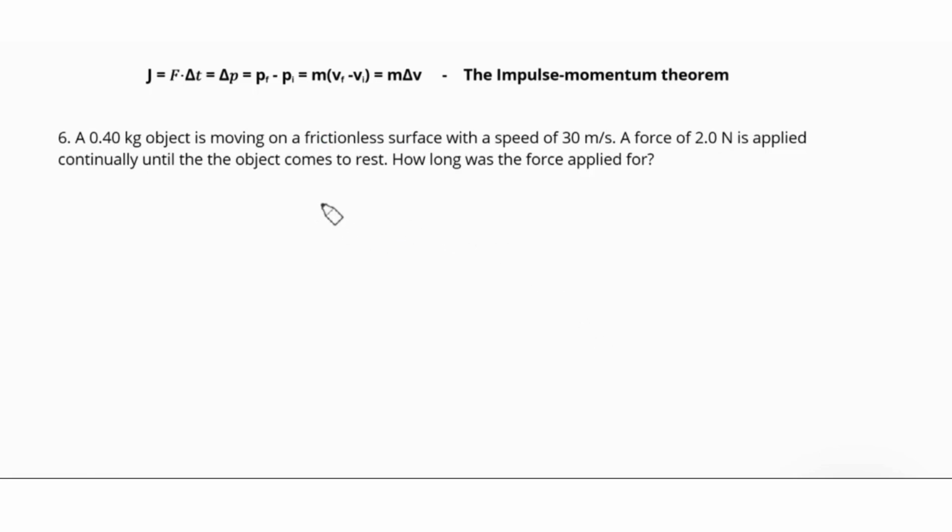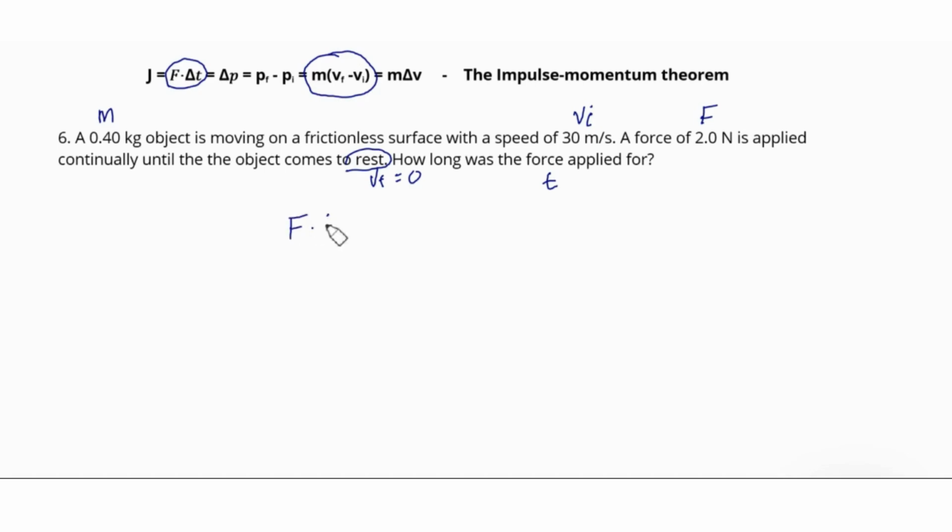Some more examples. A 0.4 kg object moving on a frictionless surface with a speed of 30 meters per second. A force of 2 newtons is applied continually until the object comes to rest. How long was the force applied for? Again, I have mass, VI, and VF, which is 0, and we're looking for T. Here's F. Again, it makes sense since I have those variables to use this and this together.